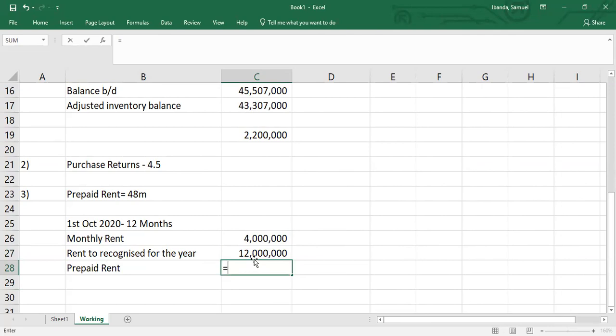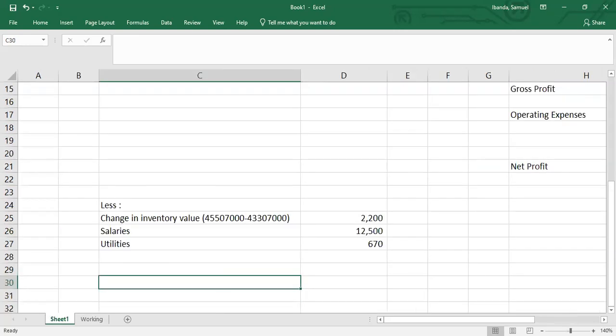So the remaining 9 months will definitely be my prepaid rent: 36 million.